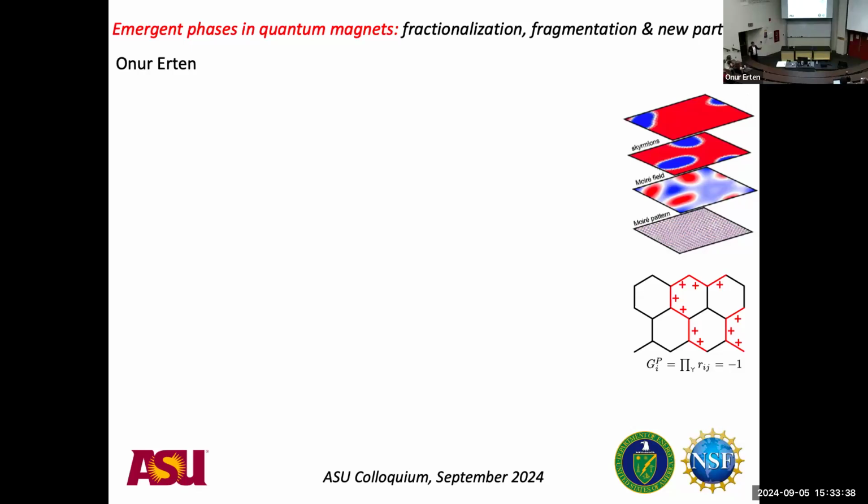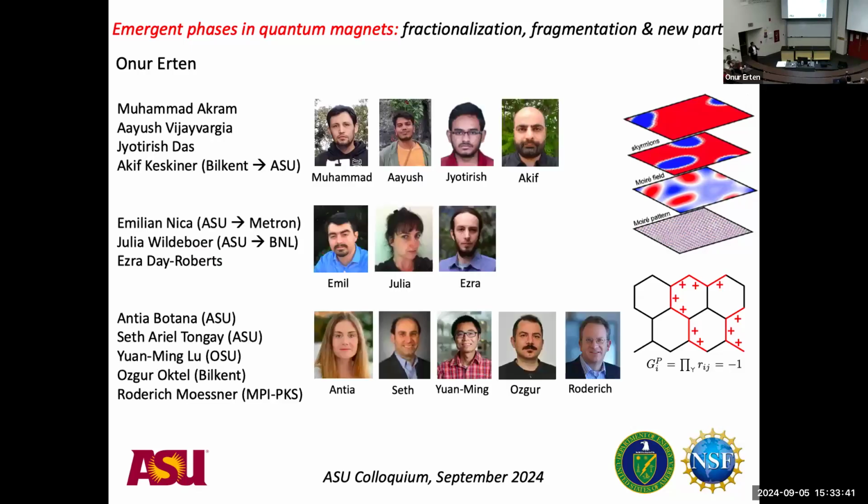And let me start by introducing my collaborators. I was very lucky to recruit three excellent graduate students, Mohammed, Ayush, and Jyotish. Mohammed and Jyotish are defending in a month or so, and Ayush has about a year left.